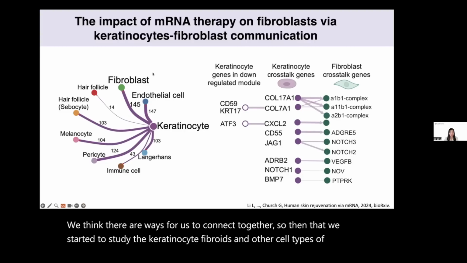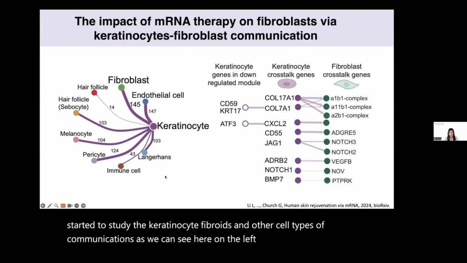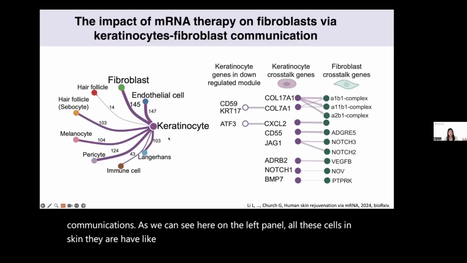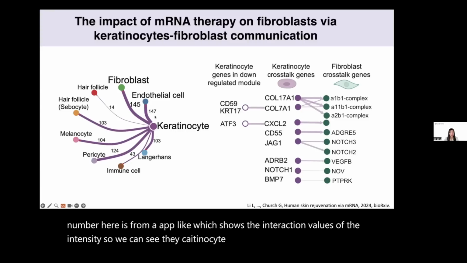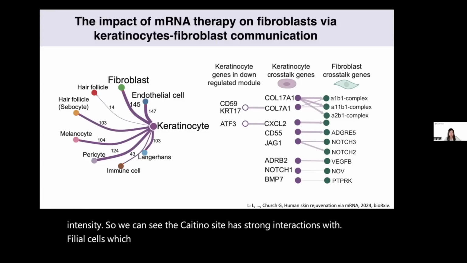As we can see here on the left panel, all these cells in skin have communications with different range. So the number here is from the app, which shows the interaction values of the intensity. So we can see the keratinocyte has strong interactions with endothelial cells, which shows it's related to aging as well.